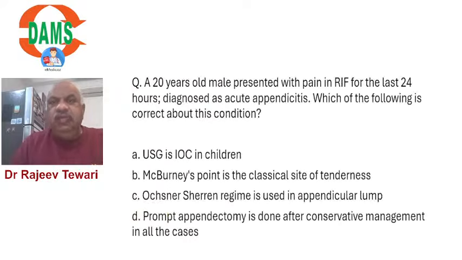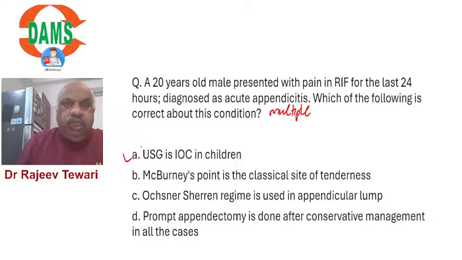A 20-year-old male presents with pain in the right iliac fossa for the last 24 hours, diagnosed as acute appendicitis. Actually, here multiple answers are correct. Investigation of choice is ultrasound in children, yes. Classical site of tenderness is McBurney's point, but this is not diagnostic. Remember, it's not diagnostic, but the classical site is, so this is true. It's not saying diagnostic, it's saying classical.